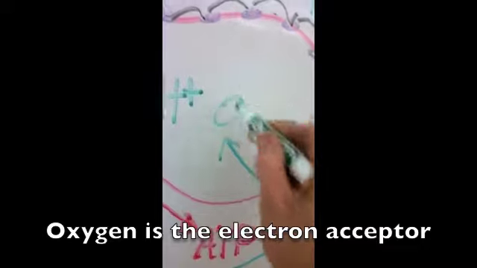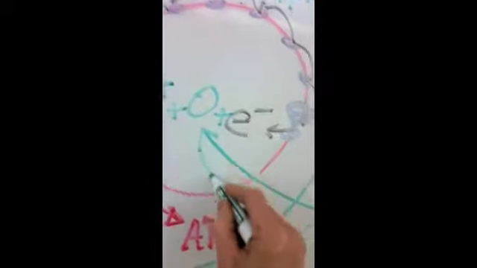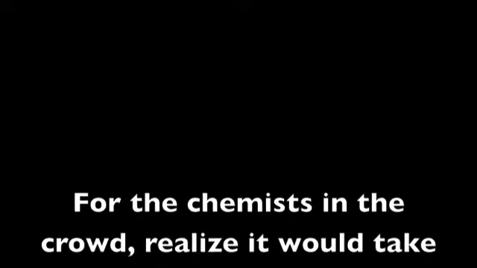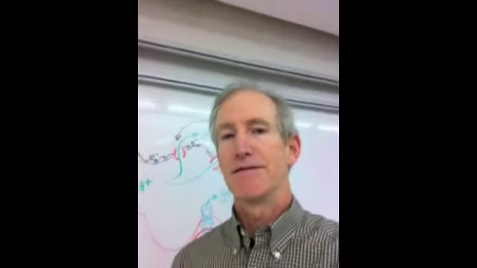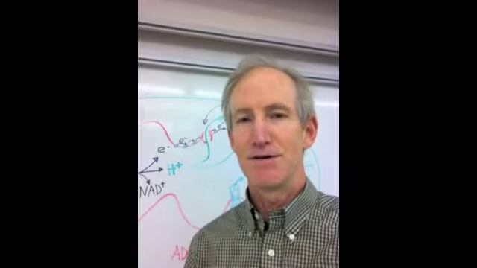So we're going to enter oxygen, and we combine all three of these together, and we make water. All right, now that's how the mitochondrion is supposed to work, and the main goal is to make ATP.